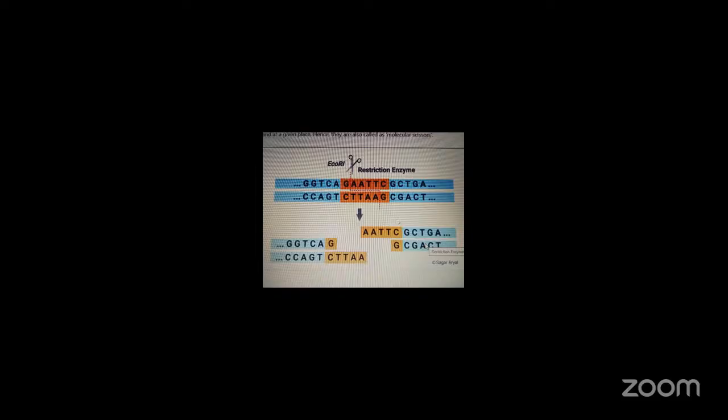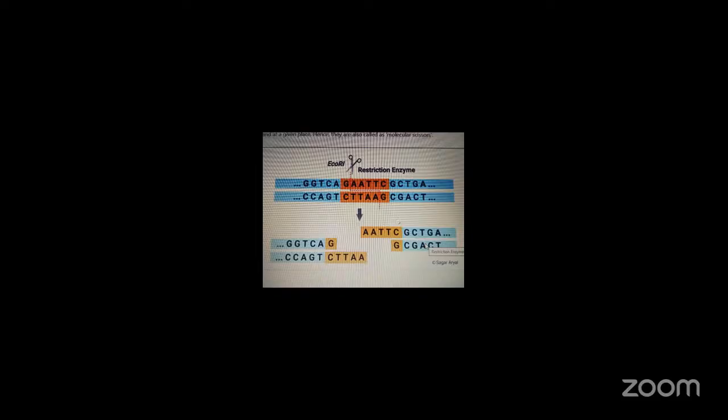These restriction endonucleases we call scissors. Why are they called scissors? Because the DNA double helix strands are cut into small pieces with the help of the restriction enzymes or nucleases, so they act like scissors.